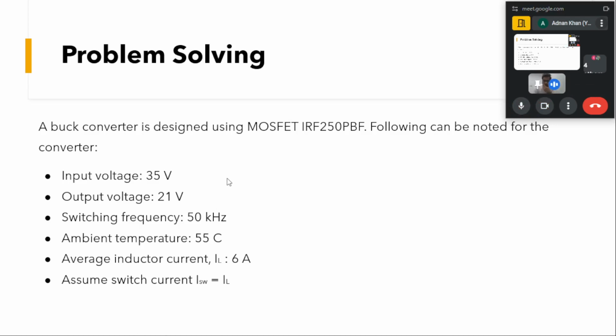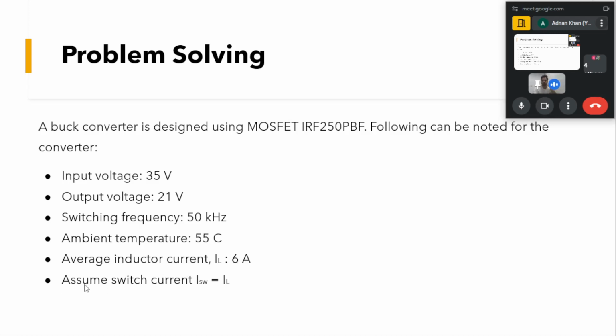So let us come to the first question. What is being asked here is we have to design a buck converter using the MOSFET, and the part number of the MOSFET is also provided. The following can be noted for the converter: there are certain design specifications provided. The input voltage is 35 volts, the output voltage is 21 volts, the switching frequency is 50 kilohertz, the ambient temperature is around 55 centigrade, and the average inductor current IL is 6 amps.